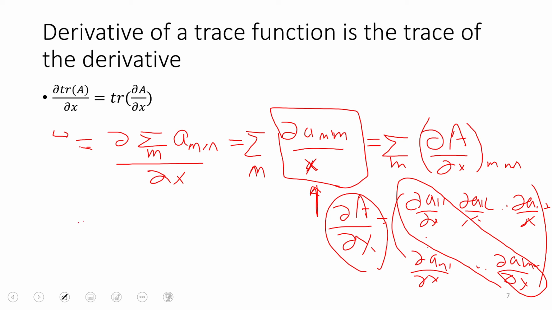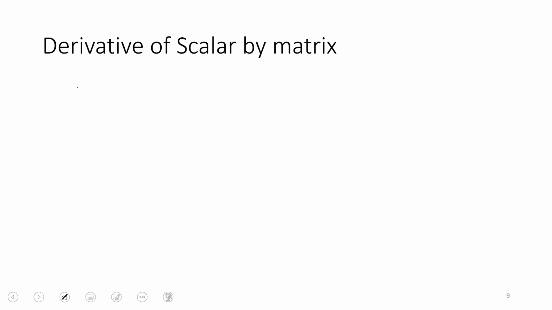So this is the trace of partial A to partial x. That means the partial can go inside: partial trace is trace partial. So we figure this part out and move on to the next one.